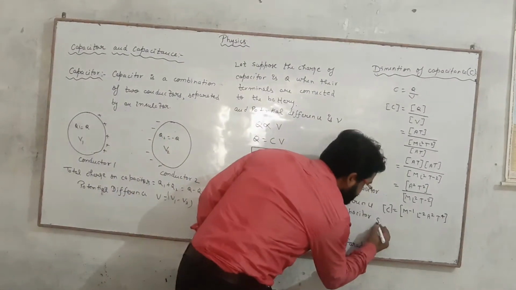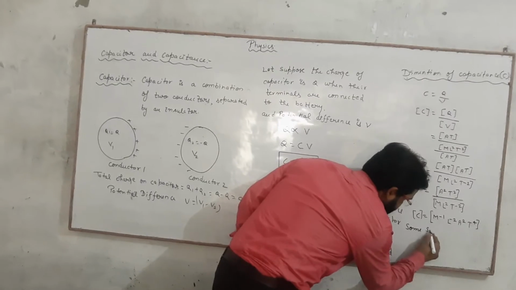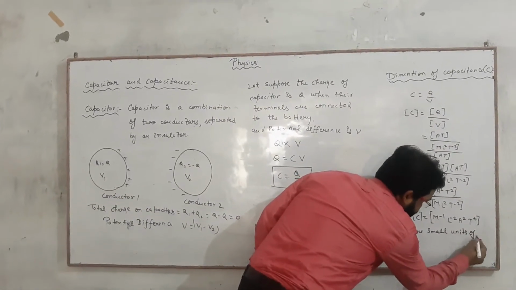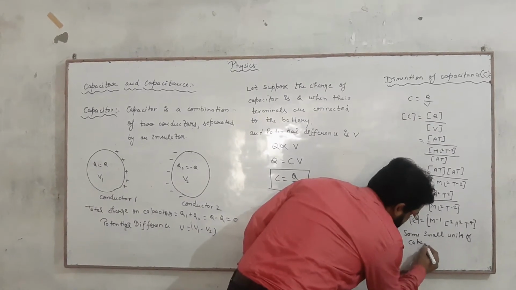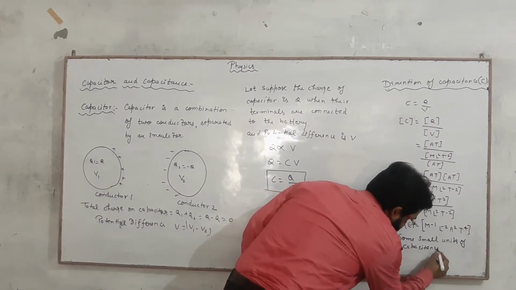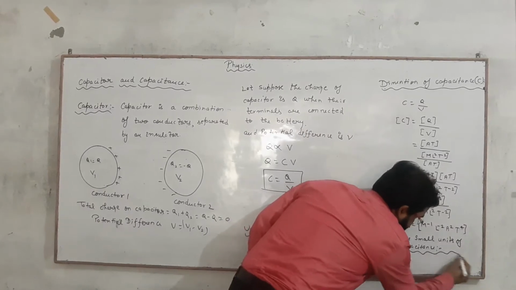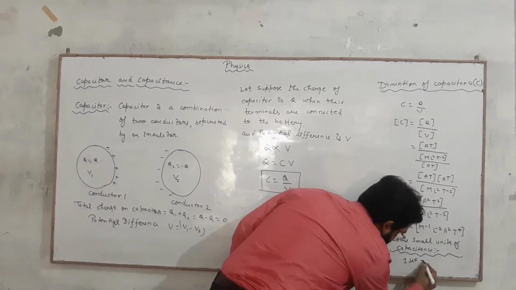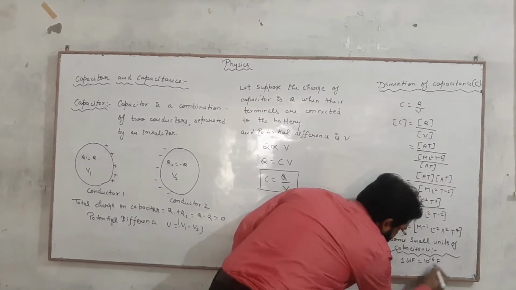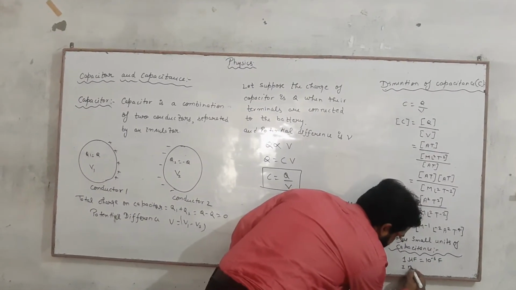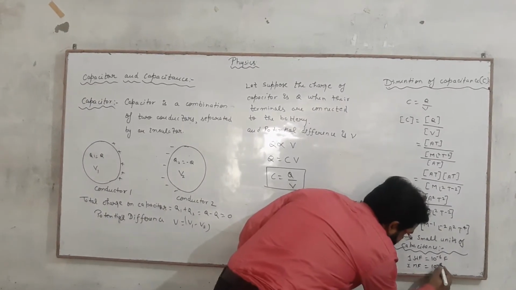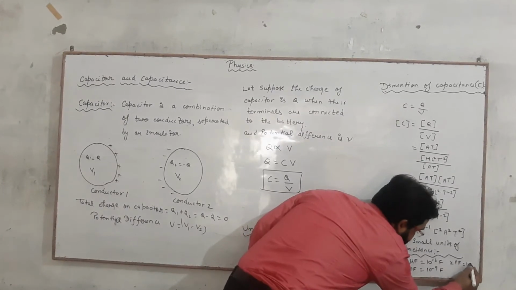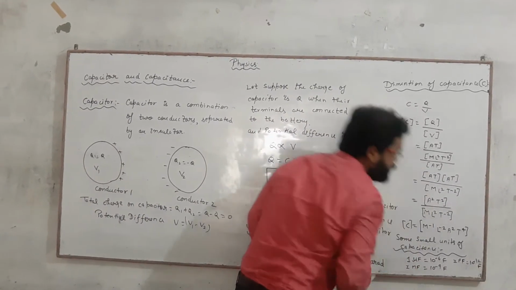So there are some small units of capacitance, like microfarad. 1 microfarad is equal to 10⁻⁶ farad, 1 nanofarad is equal to 10⁻⁹ farad, and 1 picofarad is equal to 10⁻¹² farad.